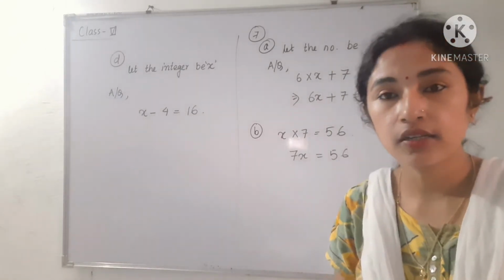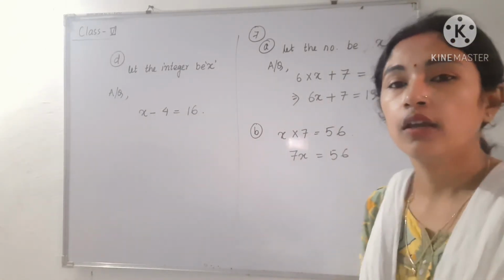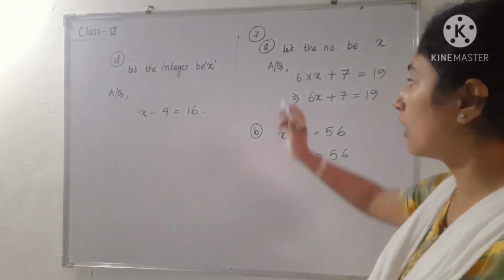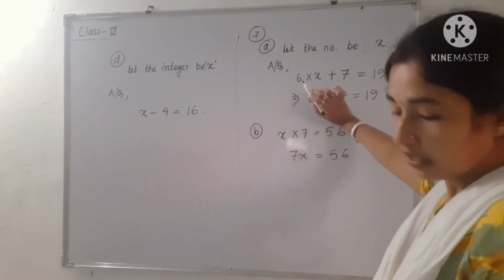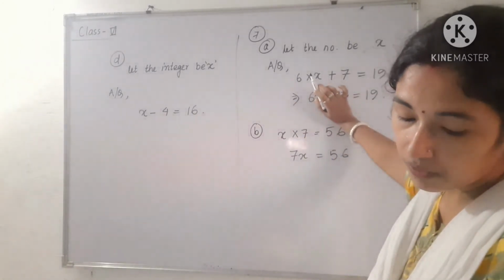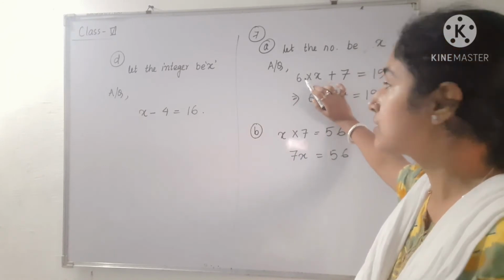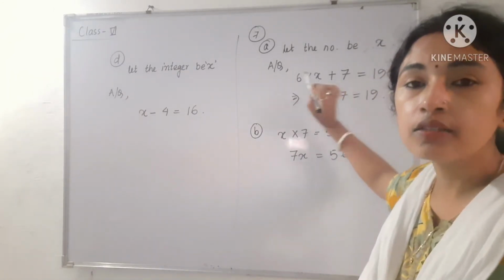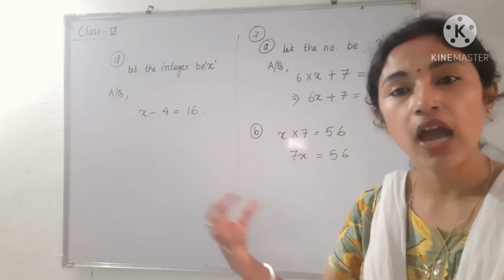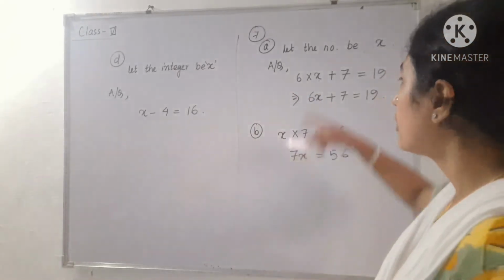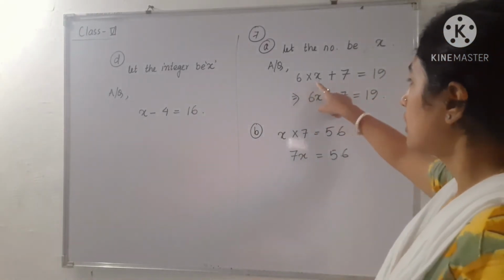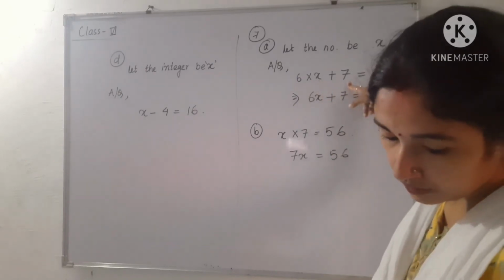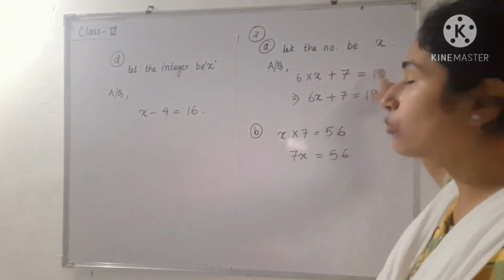So just represent that number as x, y or z, any alphabet you can take. So according to the question we can write, 6 times a number means 6 is multiplied with x, and we have to increase it by 7, that means we have to add 7 to it. So after adding 7 to it, it will become 6 into x plus 7 is 19, that is equal to 19.